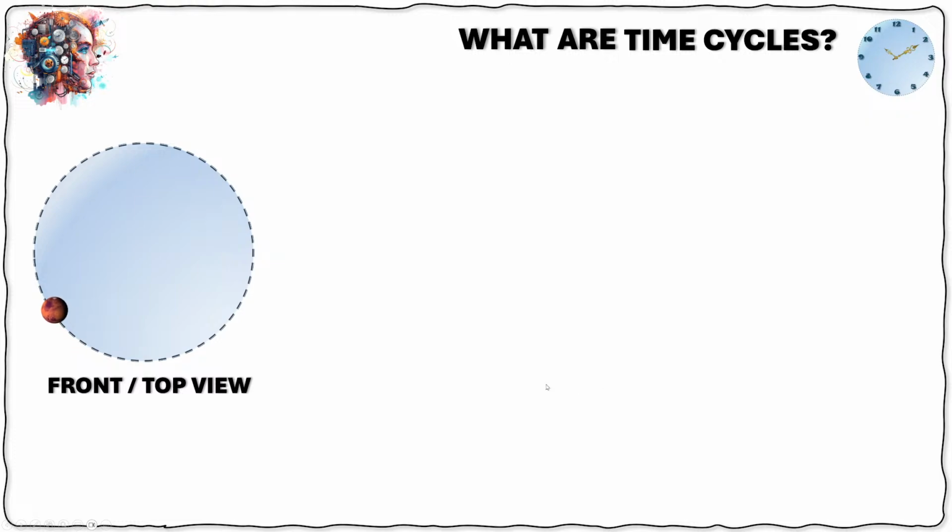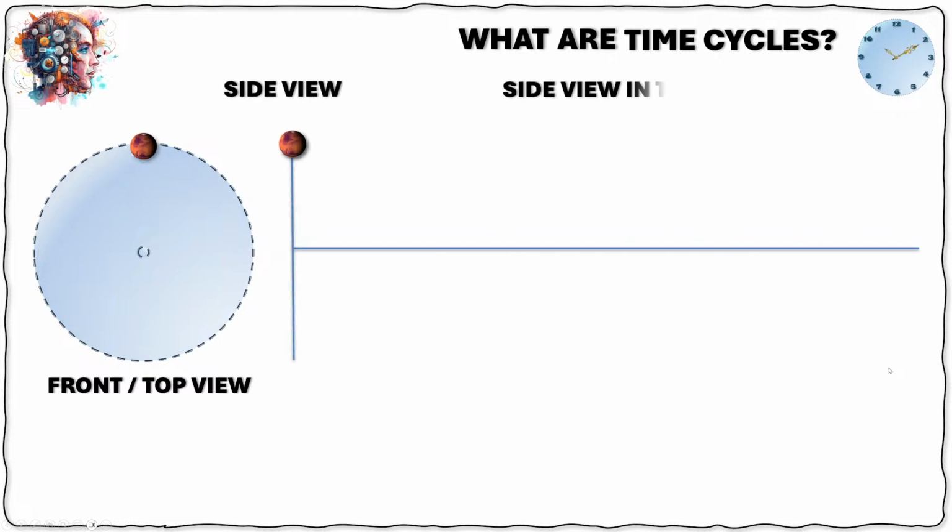Now imagine this planet or this movement being watched from the side, which would be like this. So when the planet moves around and round, if you watch from the side, it seems like it is going up and down because of the lateral view.